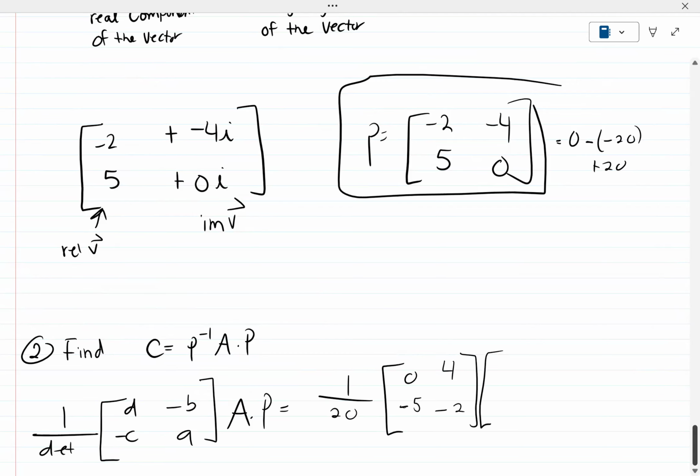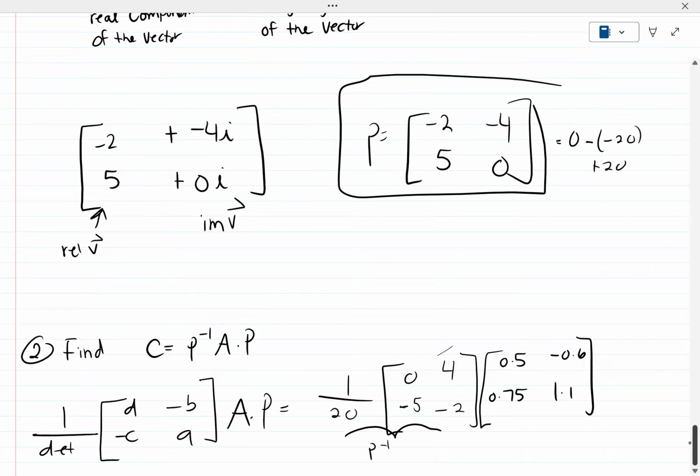So 1/20 times this matrix is your P inverse. And A was given: 0.5, 0.75, negative 0.6, and 1.1.